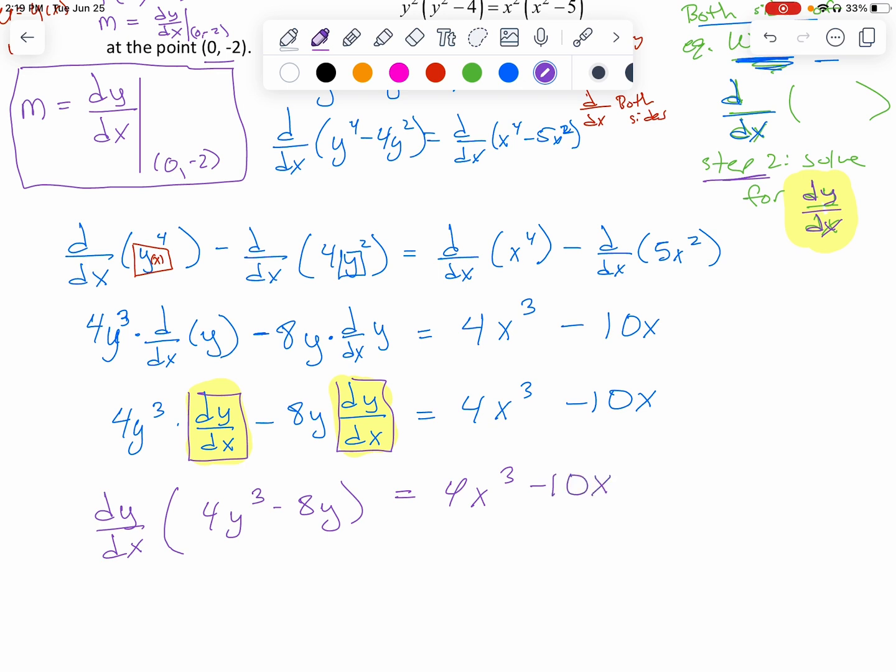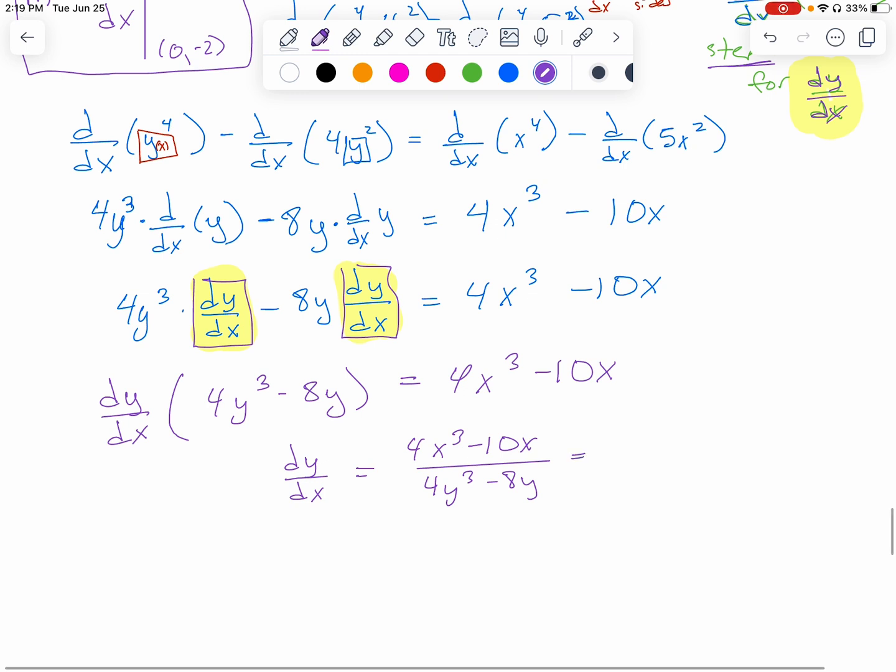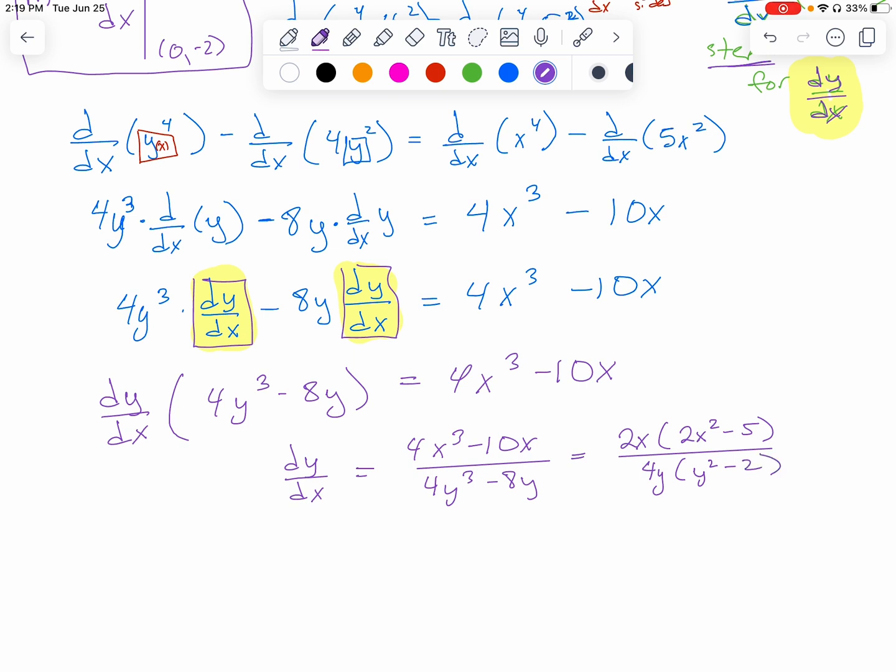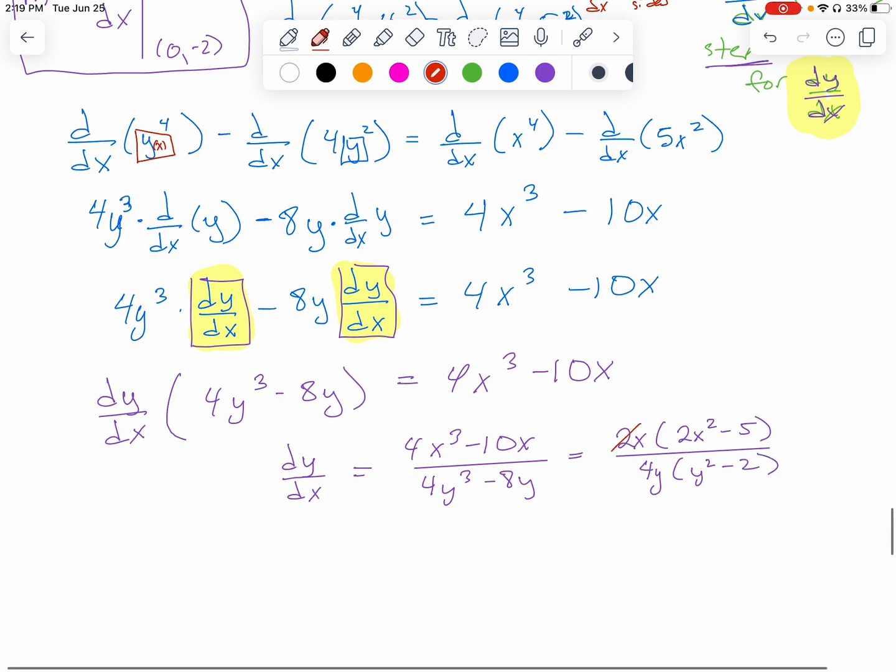and then divide both sides in order to isolate it. And this I can reduce a bit, simplify a bit. Let's see, I can take out a 2x from the numerator, and I can take out a 4y from the denominator, and simplify this, the 2 and 4 reduce.